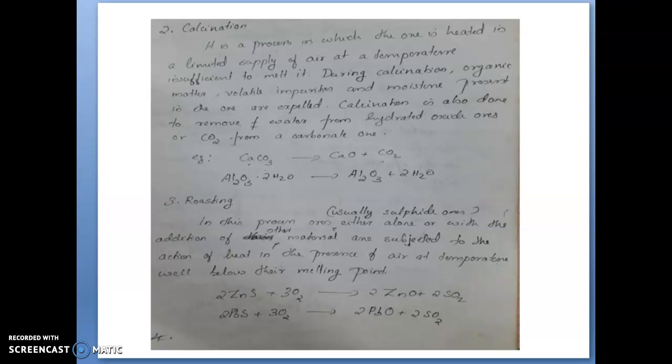Other methods are discussed here. Then the step will be applied for different types of methods. We have to choose the method according to the metal which we have to extract.